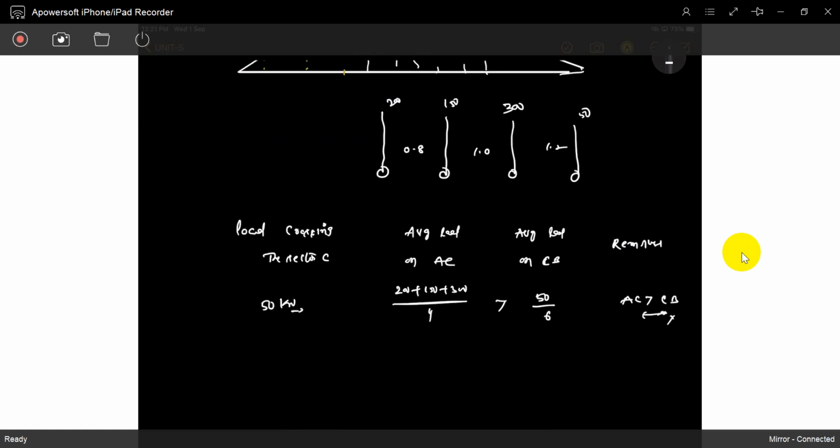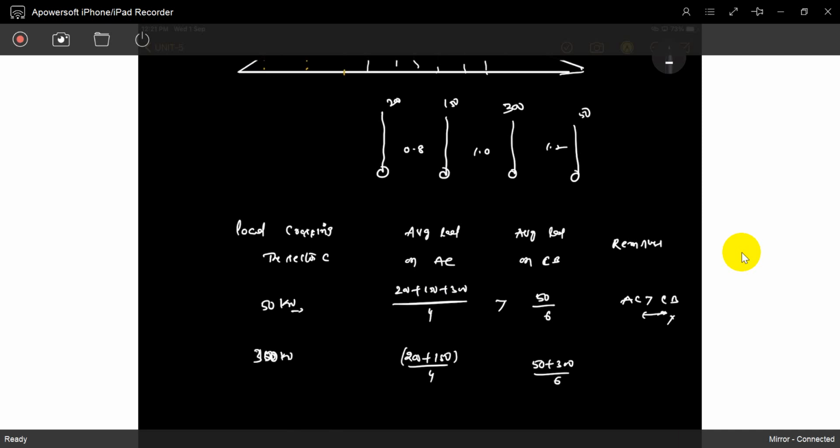Now you can see, if the load 150 is passed, next is 300. 300 is just crossing the section C. Here 50 plus 300 by 6. Here 200 plus 150 by 4. Which one is higher? This is 350 by 4, and this is 350 by 6.